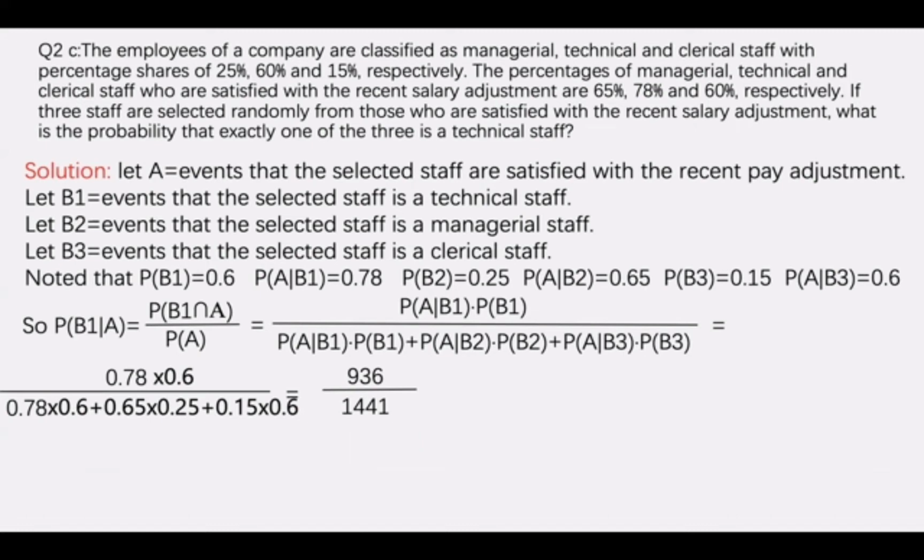Again, the 4 events are first represented by letters. The events A, B1, B2, B3 is follows.